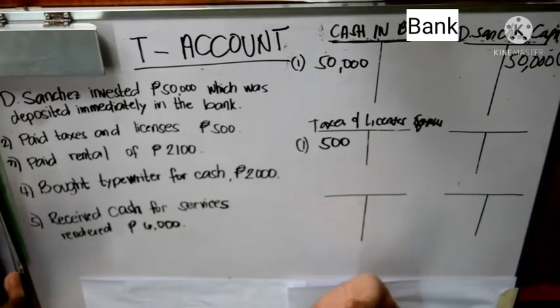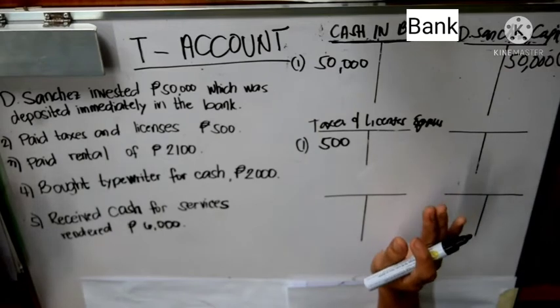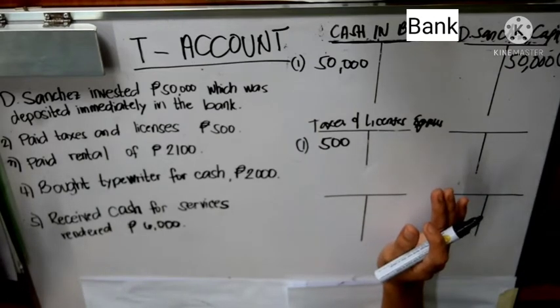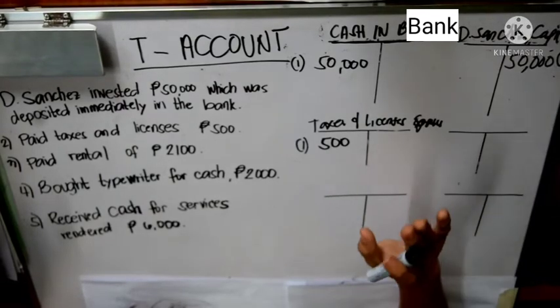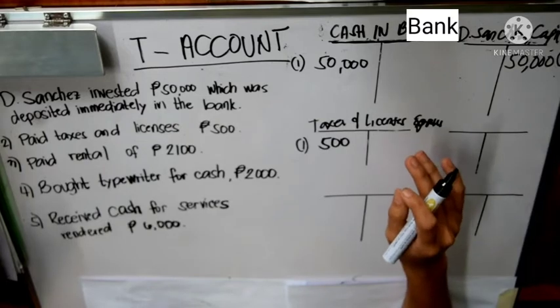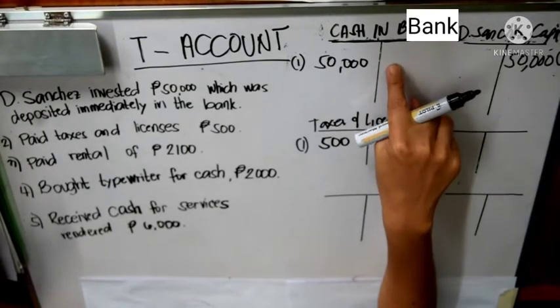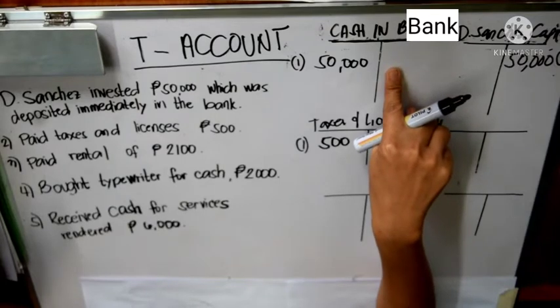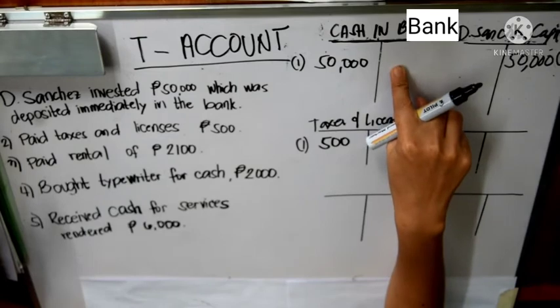So, dahil nagbayad tayo ng ating taxes and licenses, so ibig sabihin, we credit cash. Okay, so we credit cash in bank. So, this time, we will not make another T account for the cash in bank dahil meron na tayo dito. So, meron na tayong cash in bank na T account. Okay, so, ang mangyayari, ilalagay na lang natin dito yung binayad natin for the taxes and licenses.